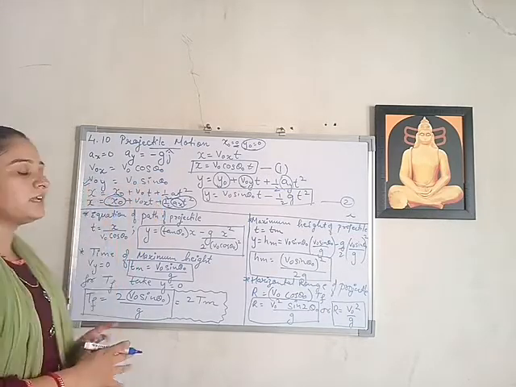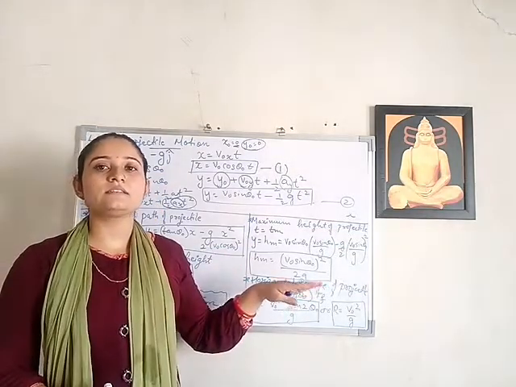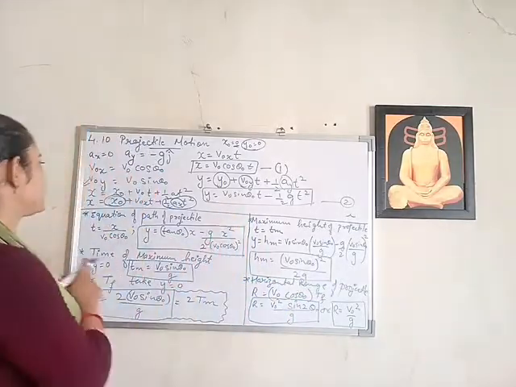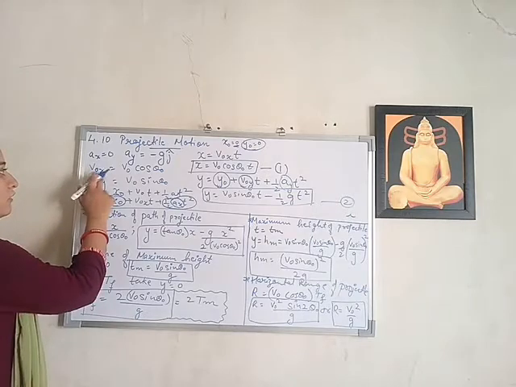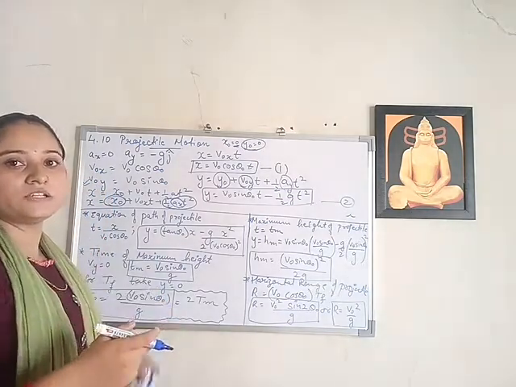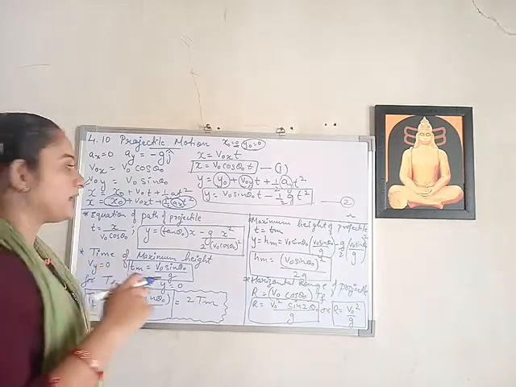That is velocity along the horizontal axis and velocity along the vertical axis initially.